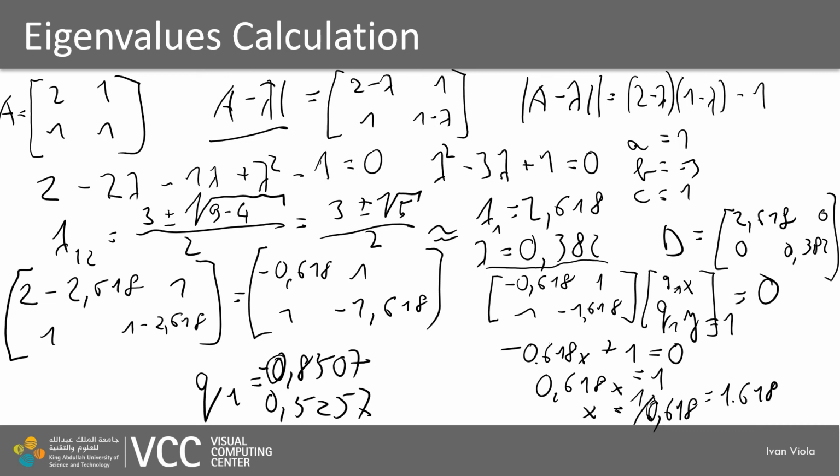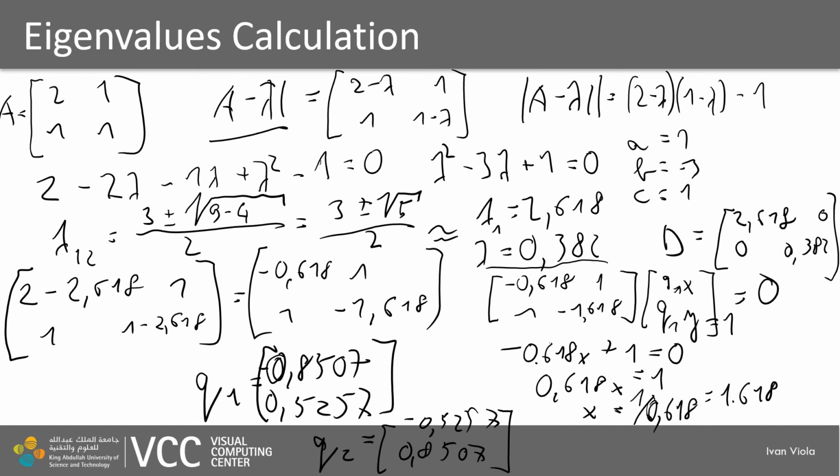I will simply tell you that the second eigenvector is equal to minus 0.5257 and 0.8507. And we can see that these two are surely perpendicular to each other. And also, just by eyeballing, it looks like they are both unit vectors.